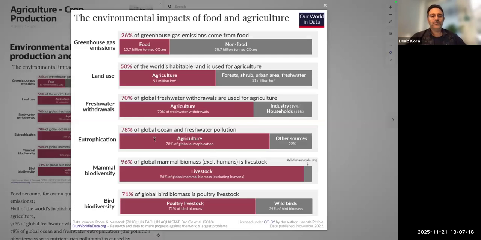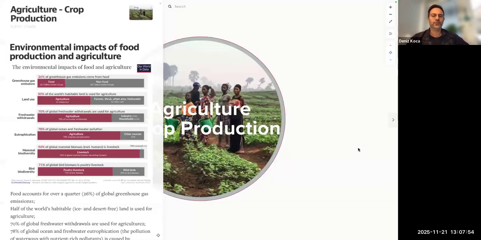And with the use of extensive nutrients, almost 80% of global ocean and freshwater pollution is directly linked to the use of these nutrients in the agricultural system. So eutrophication, one of the biggest global environmental challenges, is very much because of agriculture. And the mammal biodiversity, bird biodiversity, we're talking about poultry and livestock production, industrial level meat and dairy production. It's a very, very big issue, and I will come to that during my talk.